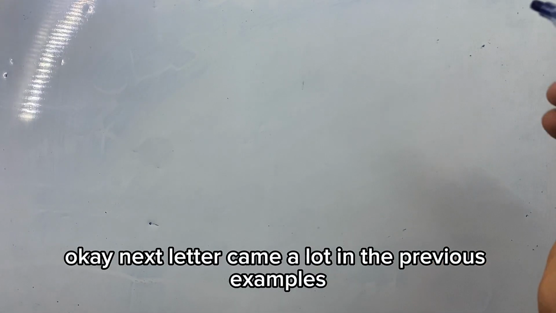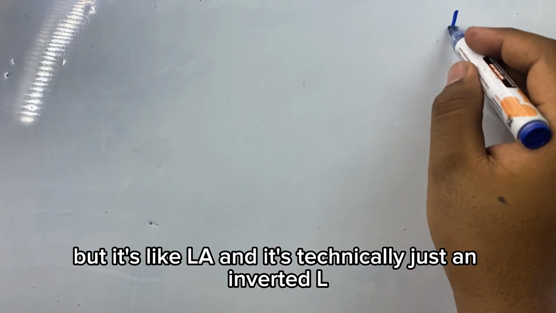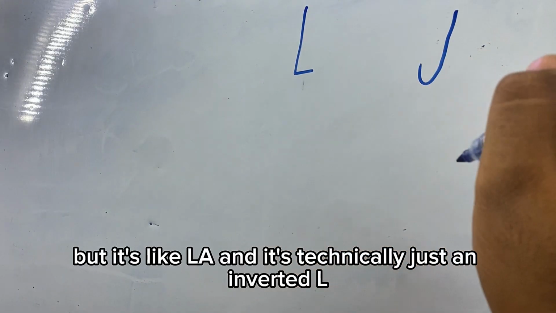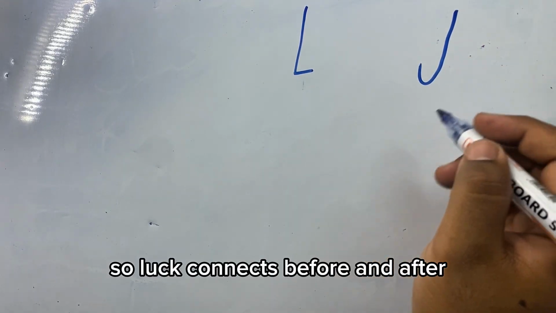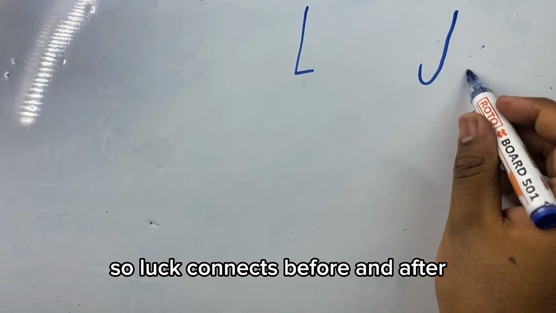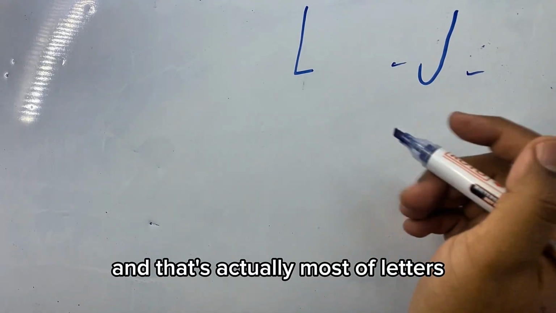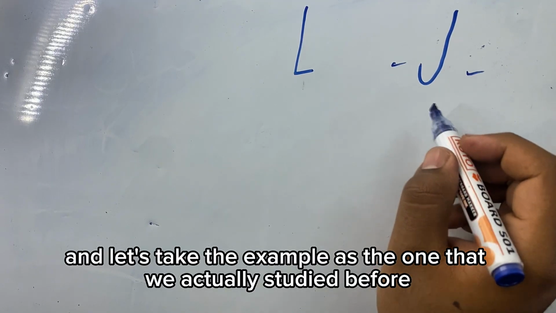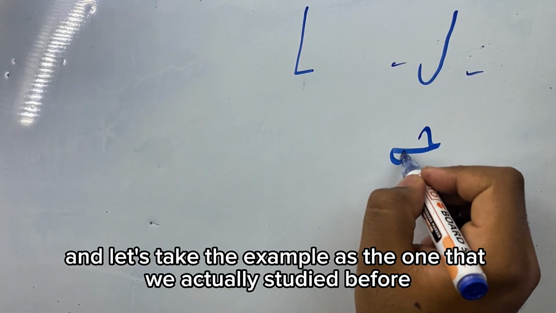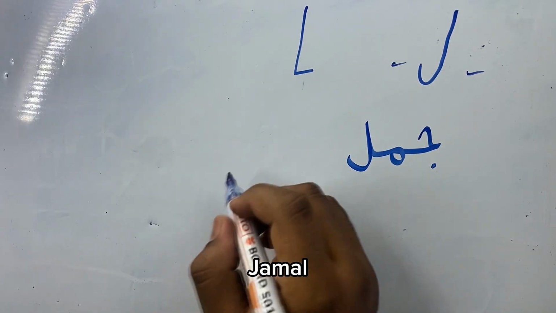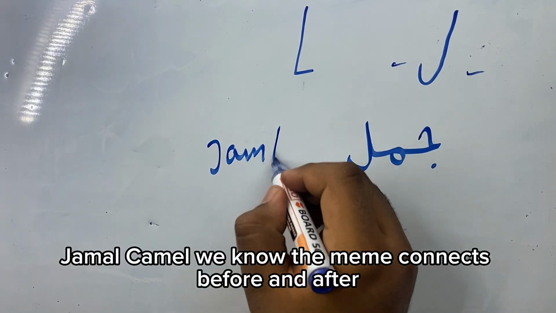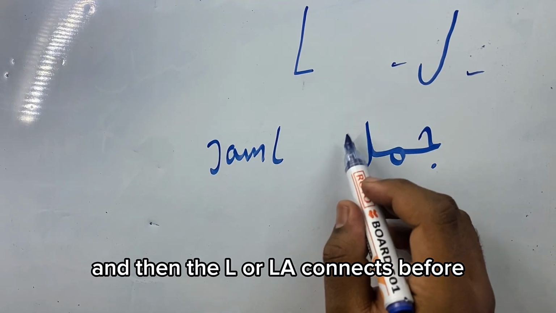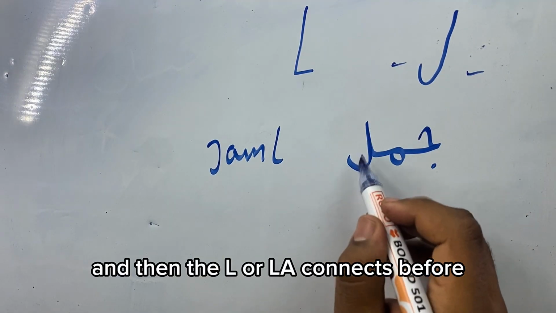Okay, next letter came a lot in the previous examples, but it's like L, and it's technically just an inverted L. So L connects before and after, and that's actually most of the letters. Let's take the example that we actually studied before, Jamal, camel. We know the meem connects before and after, and then the L connects before.